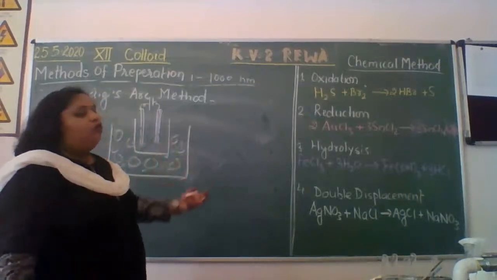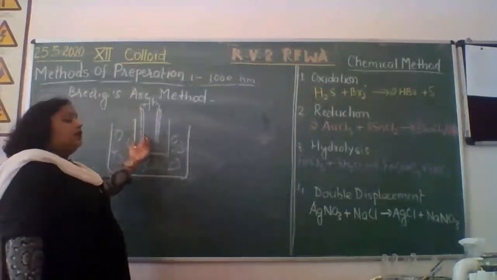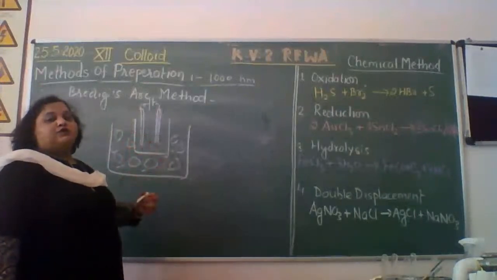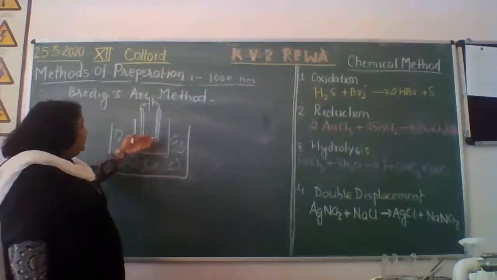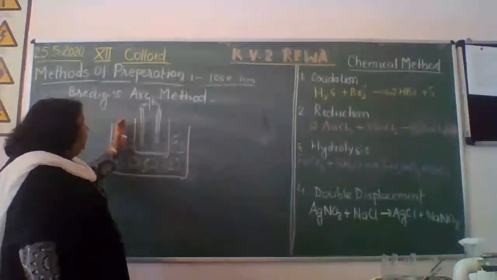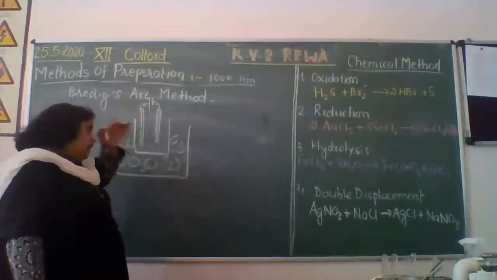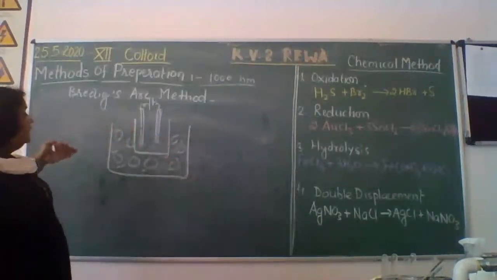A high amount of energy is released when the electrical spark is produced, and definitely the metal will be in the gaseous form. Now I want to convert it into the proper colloidal solution in the liquid state.